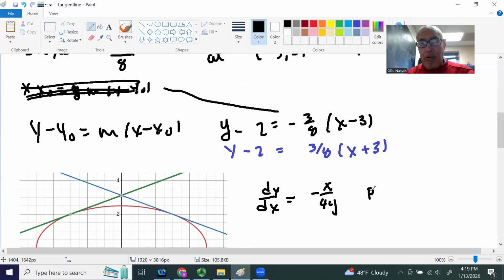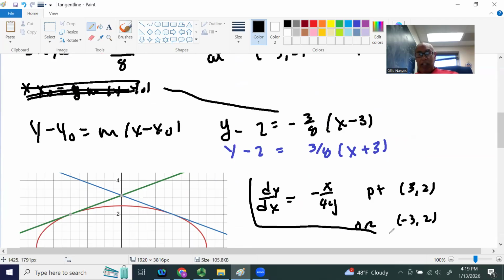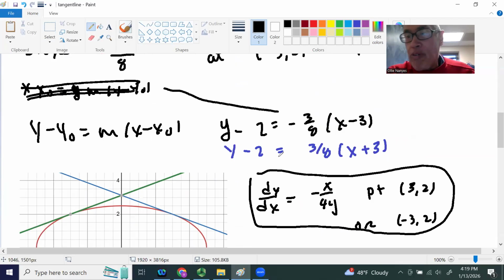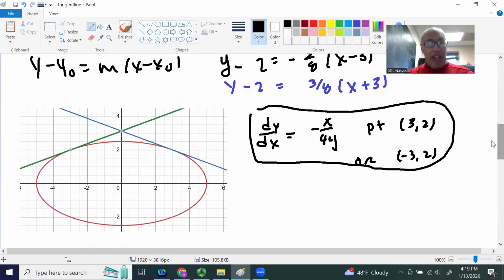And you'll be given the point, in this case 3, 2, or minus 3, 2. So you're just going to be given this information. In the differential equations course, given these tangents, we're going to try to construct what the solution is. That's sort of the point of the course. But in order to do that, we have to understand that the slope of the tangent line is given by the derivative, and we plug in the appropriate points. So thanks for watching.